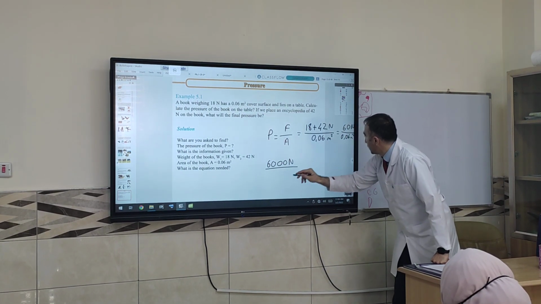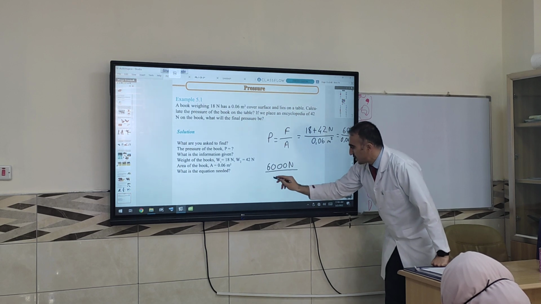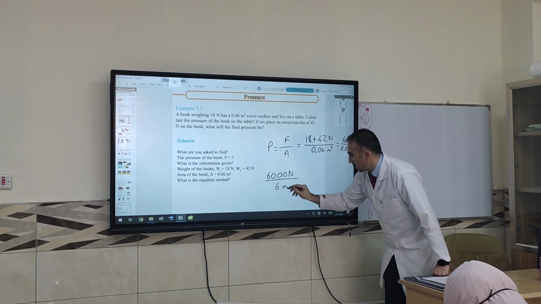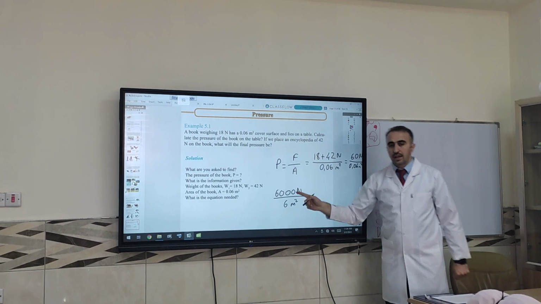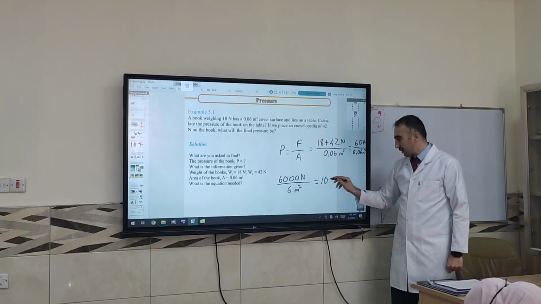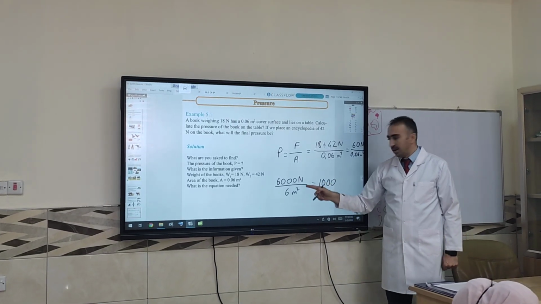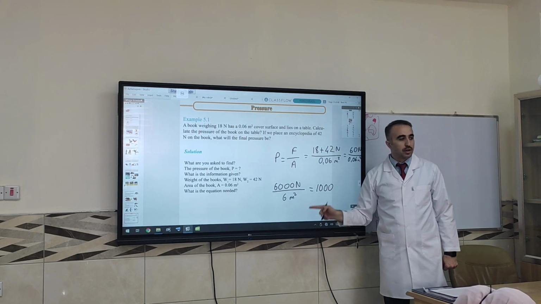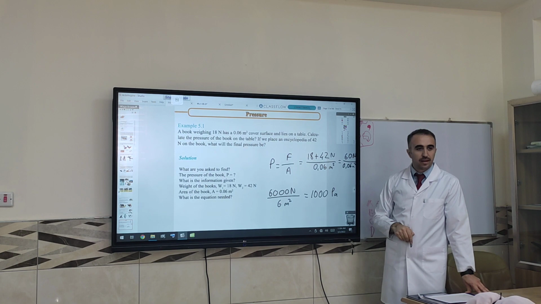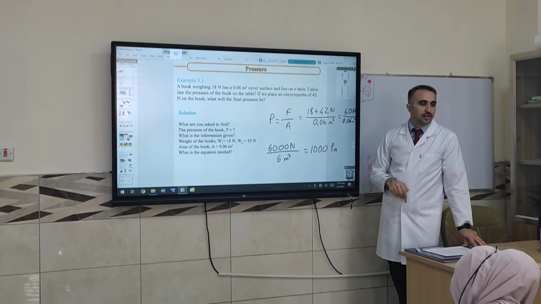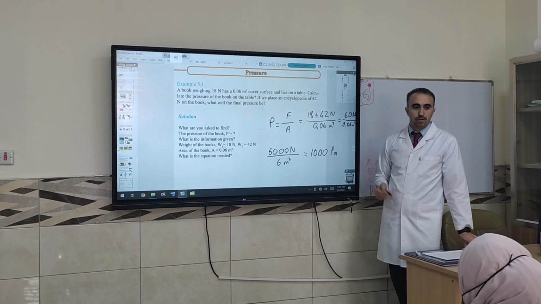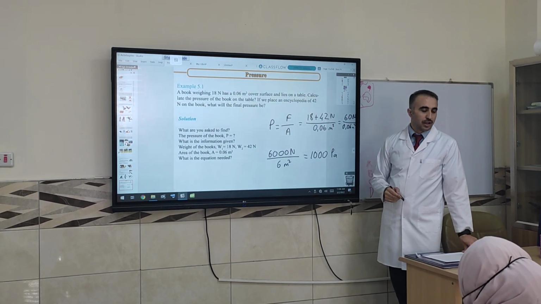Newton over 6 meter square. 6,000 divided by 6 equal 1,000. Newton over meter square means Pascal. Did you understand? Yes. Next question you will find the solution.